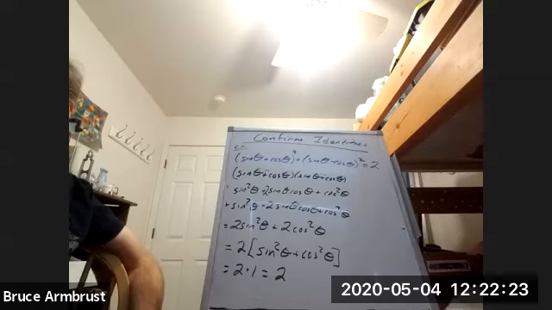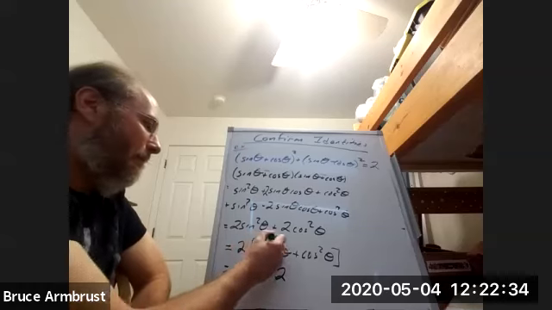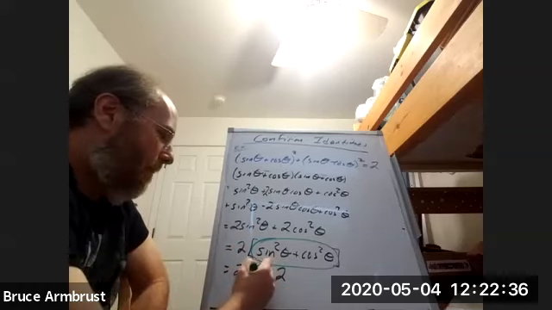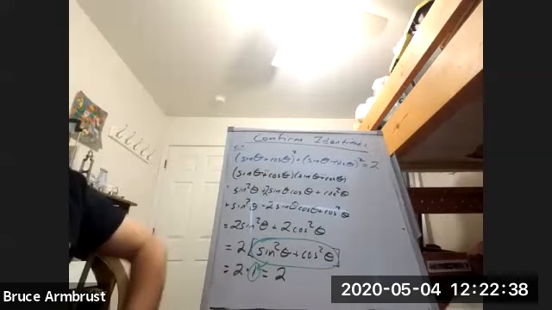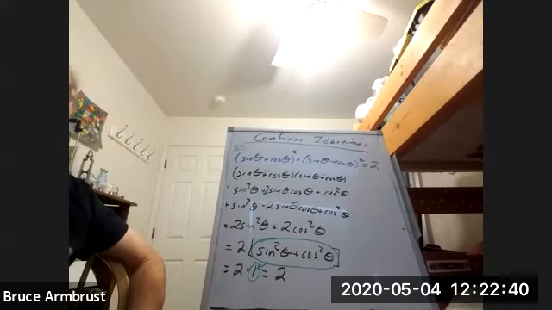And it was a little bit more than just the symbols, but not much more. There was one trig step. It was right here. When we turned that sine squared plus cosine squared into 1, we used the Pythagorean identity, and that was the one and only trig step we did. The rest of it was algebra.